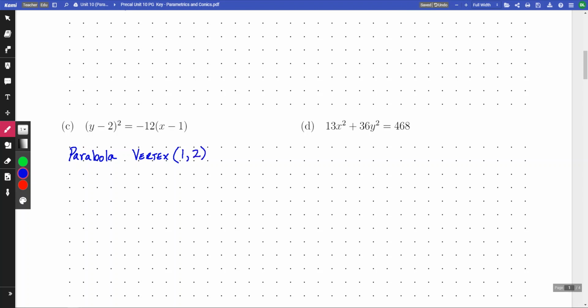And the last one, we don't have a standard form of our equation, but note that 13 times 36 is equal to 468. If we take 13 and multiply it by 36, we get 468.